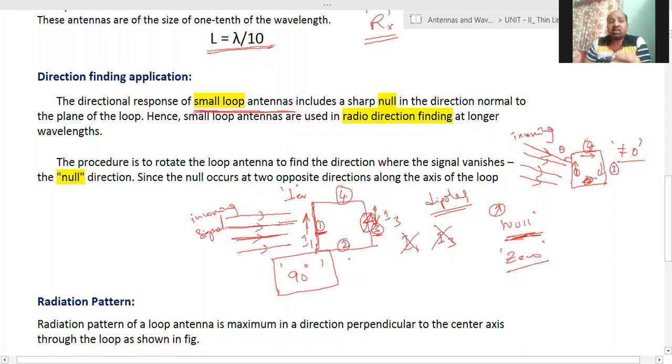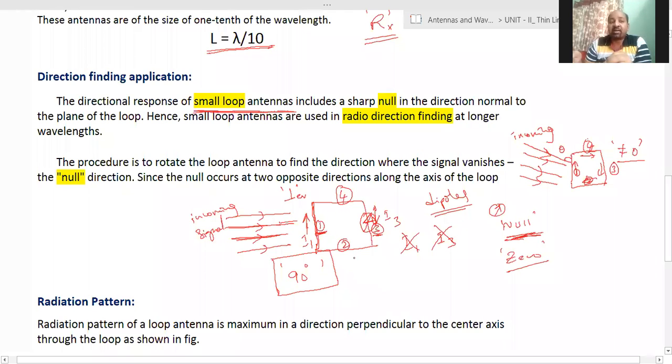The transponder will be fixed inside the body of the animal, and the animal will be left into the forest, and they will track in what direction the animal is moving in the forest.